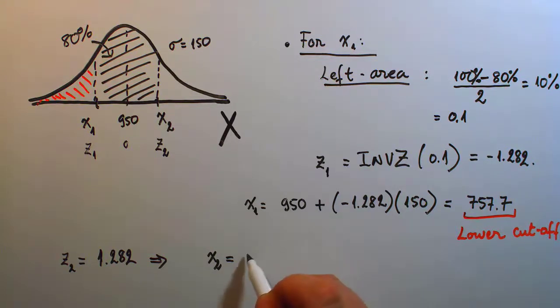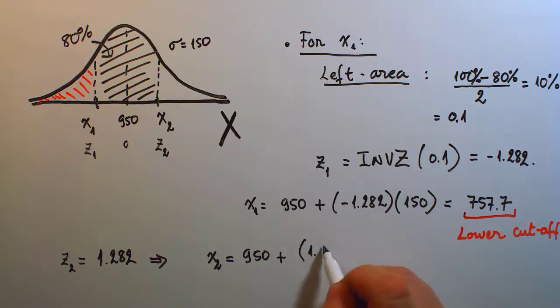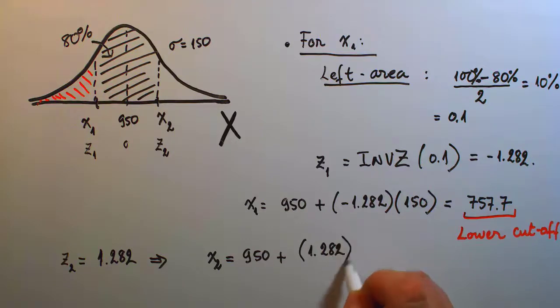x2 equals 950. From where the mean is, we're adding 1.282 multiplied with 150.